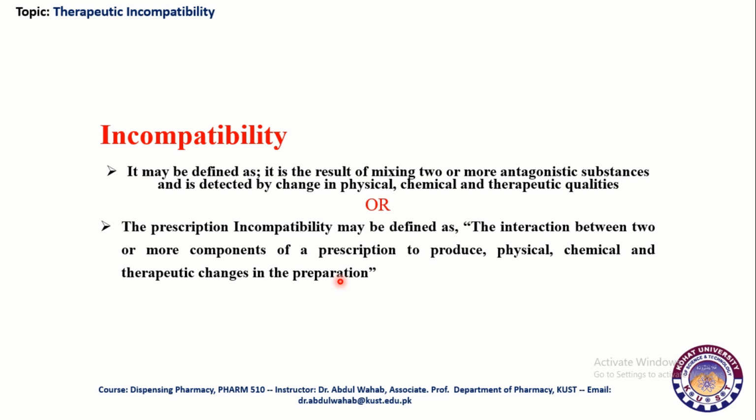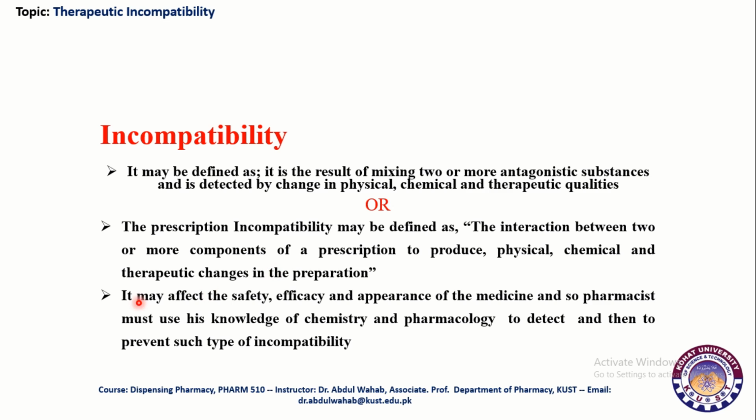So if a doctor prescribes any medicine, and there are different drugs in the prescription, there is a possibility of physical, chemical and therapeutic changes. It may affect the safety, efficacy and appearance of the medicine, so the pharmacist must use his knowledge of chemistry and pharmacology to detect and then prevent such incompatibility.